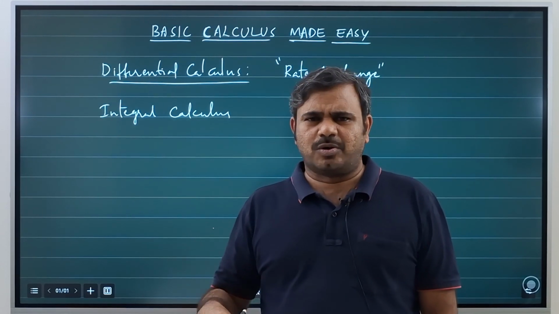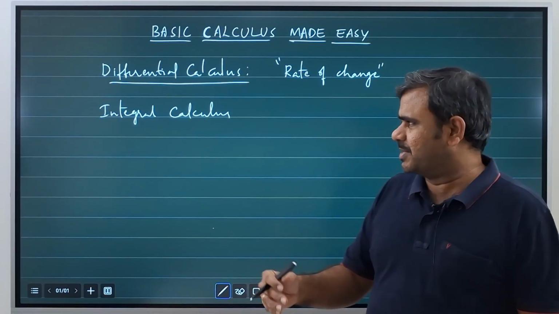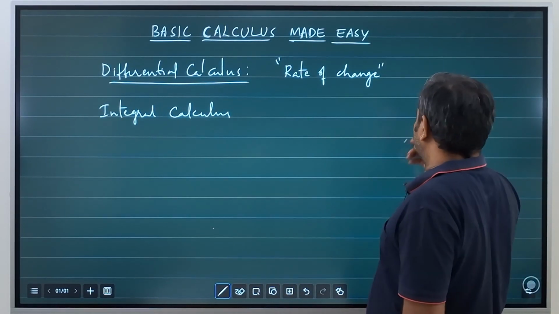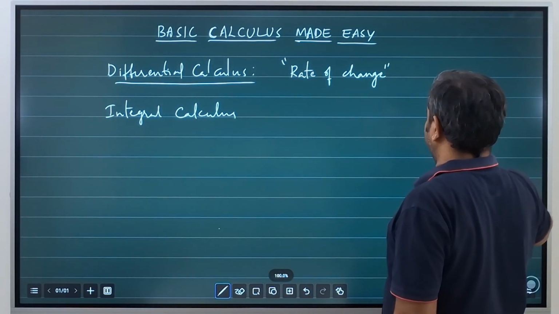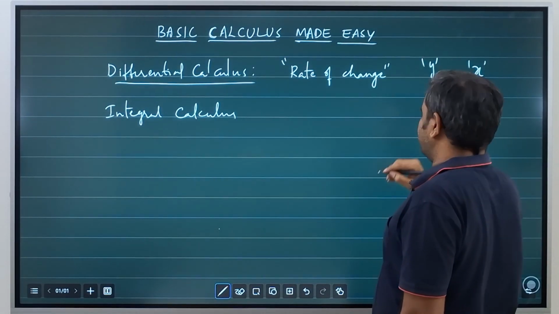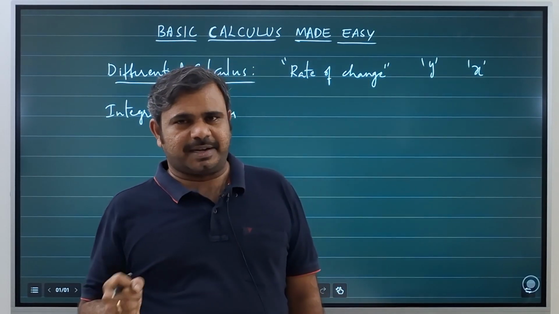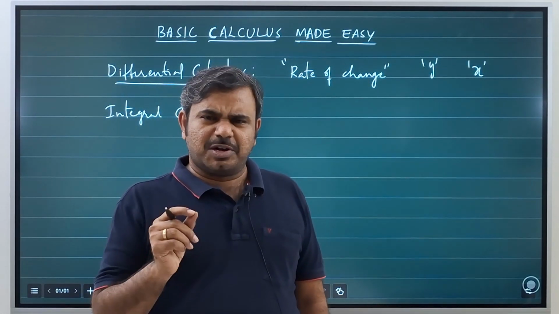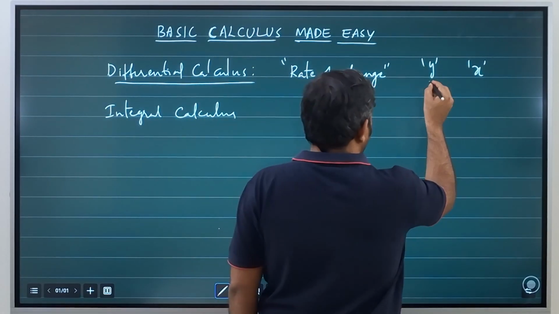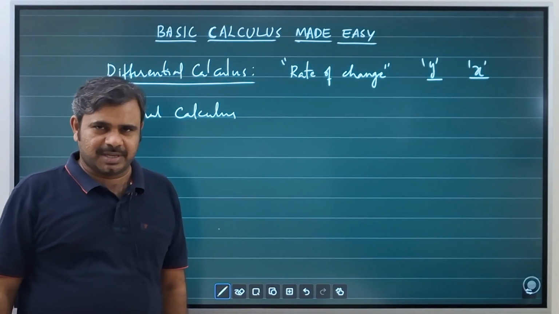In mathematics you call them variables, but in physics the variables are nothing but physical quantities. So when a physical quantity x changes, physical quantity y also changes, if y depends on x. We are going to study how y changes as x changes in differential calculus.